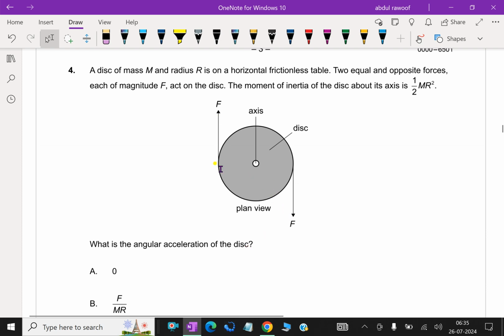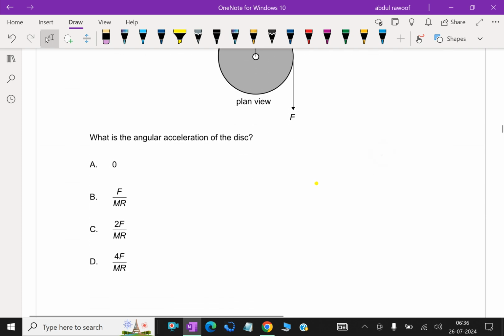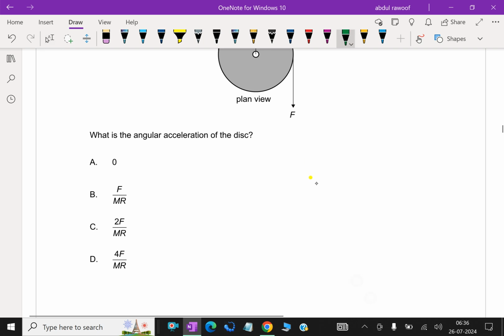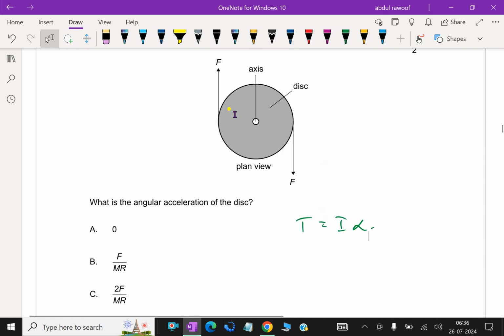Here, two opposite forces, equal forces, act on the disk. Then we know that torque is I alpha. I is moment of inertia, alpha is angular acceleration. Here the force F into radius is the torque. Here also F into radius.